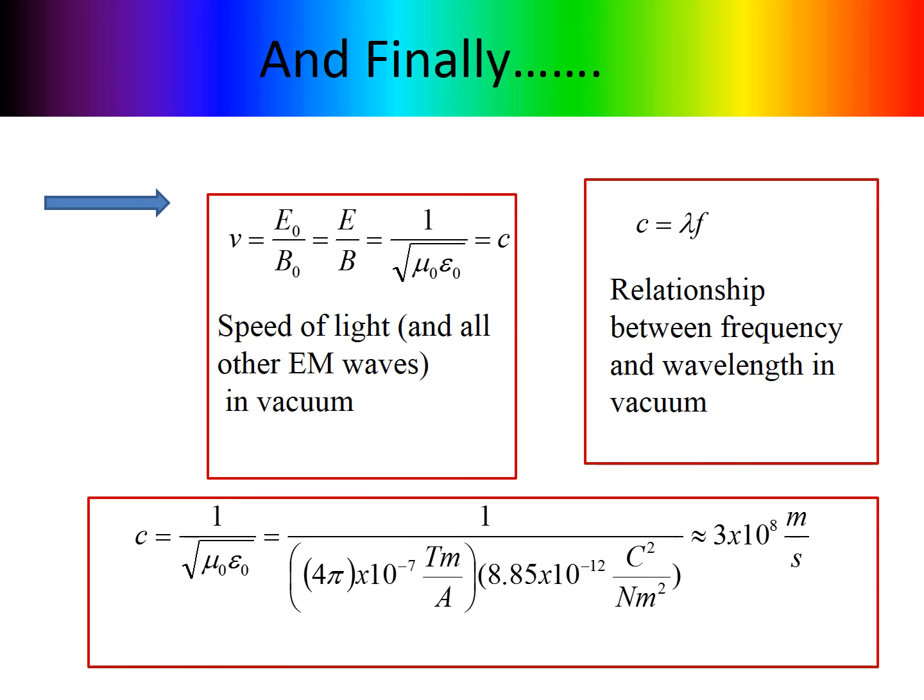So we can calculate, and that's what this is showing, the speed of light to be 3 times 10 to the 8, roughly, meters per second. So please take time to verify these units and to go through this calculation.